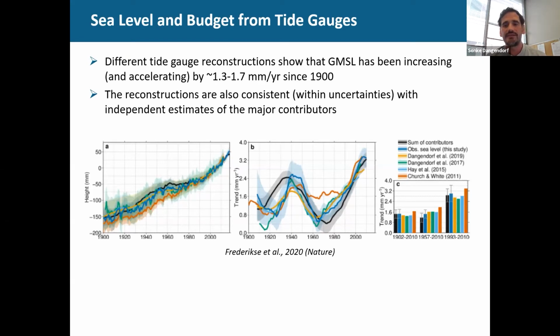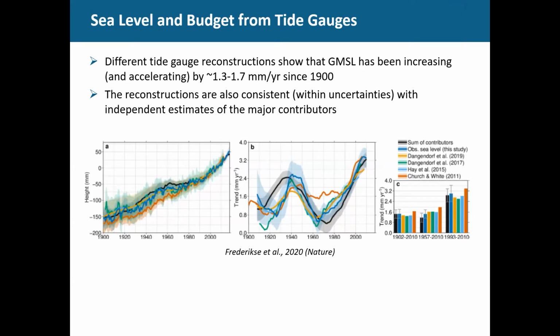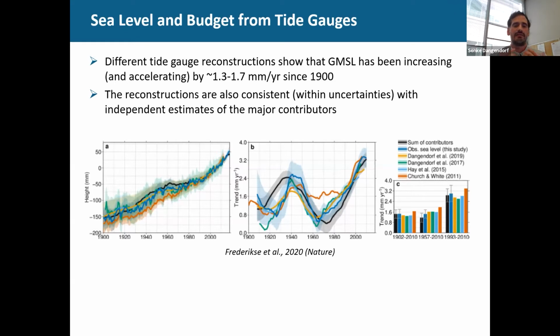But over the recent decades, there have been different groups trying to improve on that. Some have used a priori information about the processes, regional processes affecting sea level to correct local measurements and then estimate global mean sea level from the tide gauge records. Others have tried to reconstruct the entire geometry of sea level change. But these are just two groups.